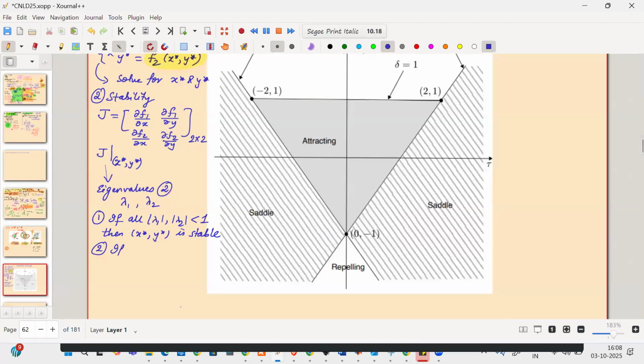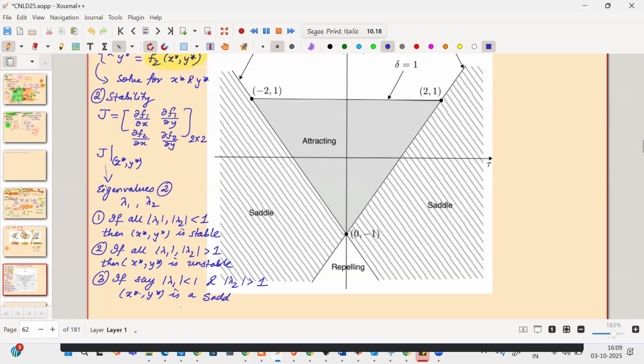Second, if both lambda 1 and lambda 2 are greater than 1, then X star Y star is unstable, right? Third, if the modulus of lambda 1 is less than 1 and the modulus of lambda 2 is greater than 1, then X star Y star is a saddle.